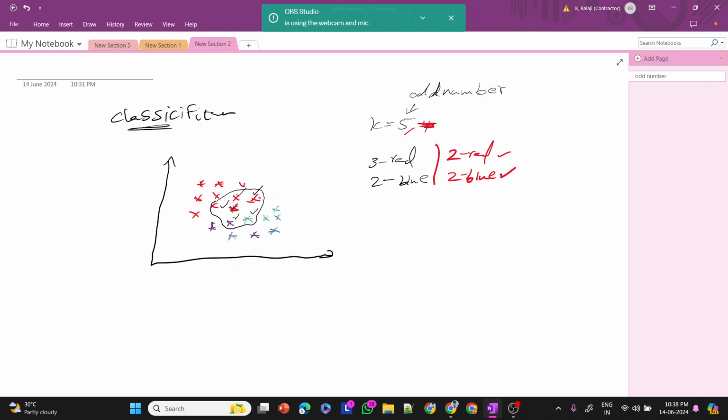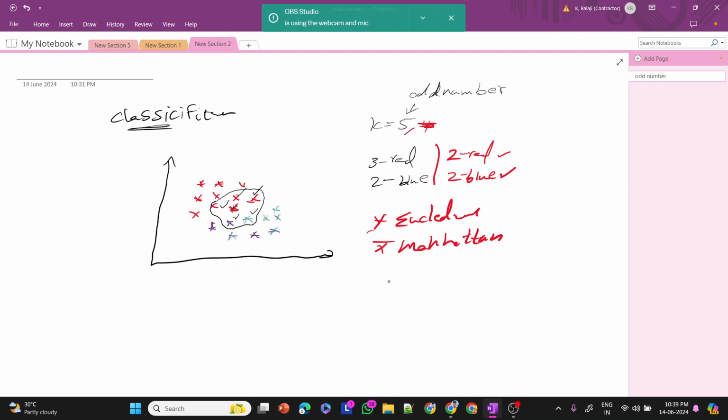Okay, how is the distance between 2 points calculated? KNN can use two types of distance formula, the Euclidean distance, and another one is the Manhattan distance.